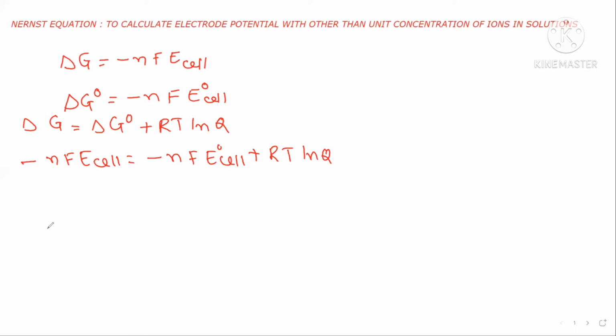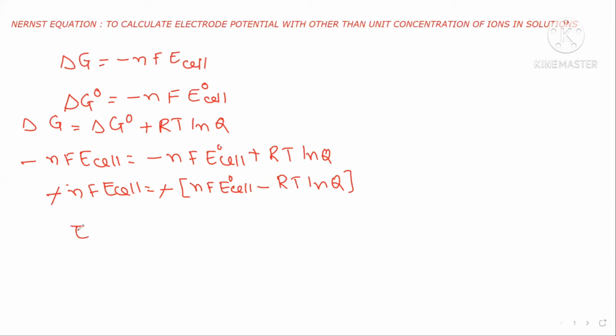Divided by nF, the minus is common on both sides. So we get minus nFE cell is equal to minus nFE naught cell plus RT ln Q. The minus signs cancel each other, and the whole equation is divided by nF.